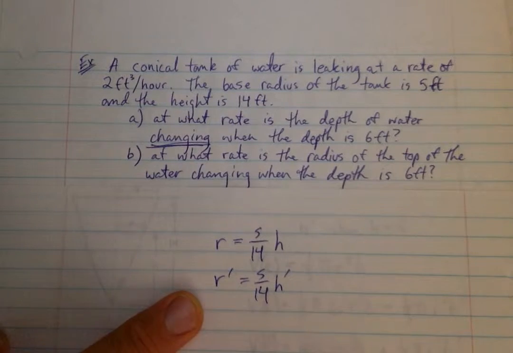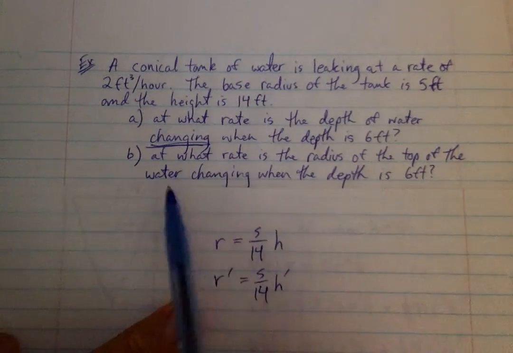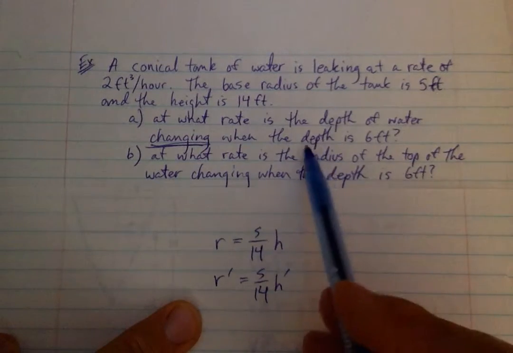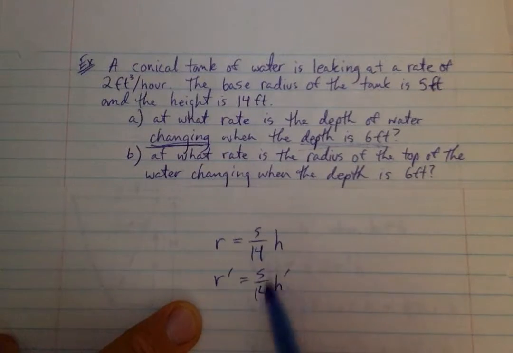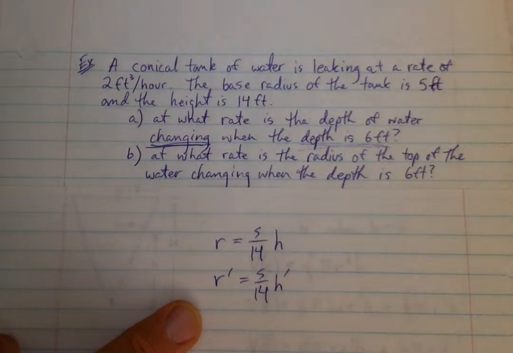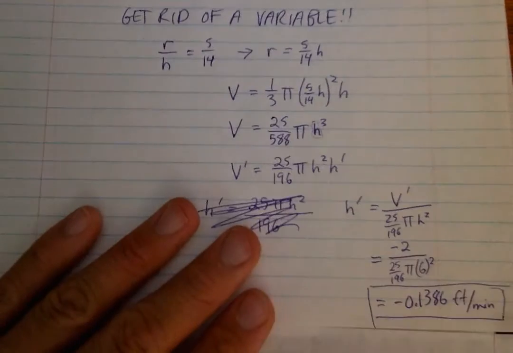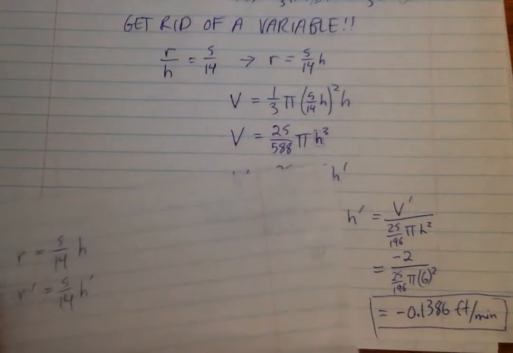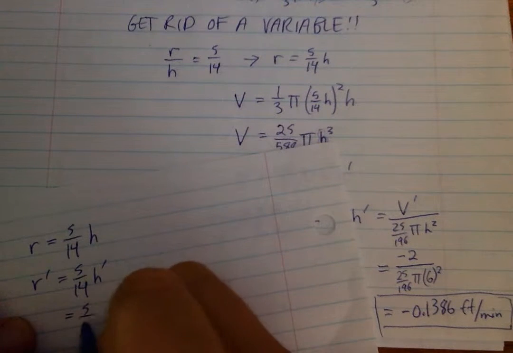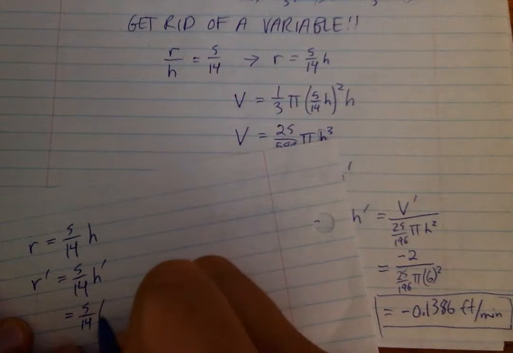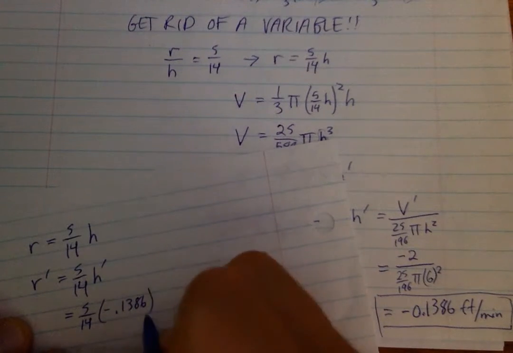Now, what do we do? We just plug in the result from the last part. They're asking us, at what rate is the radius changing when the depth is 6 feet? Well, that was the same depth here. So we know that the rate that the height is changing is the same as the answer we got last time, which was this. So we plug that in, equals 5/14 times -0.1386.